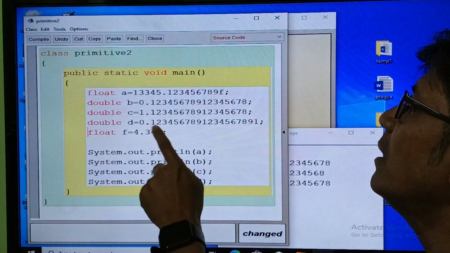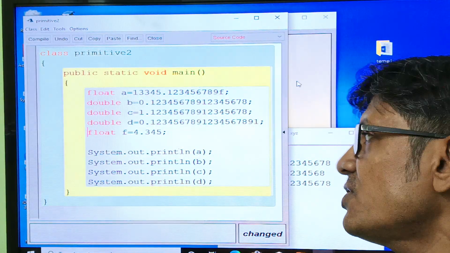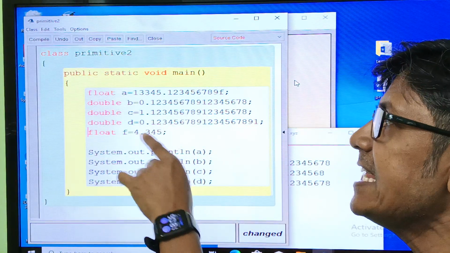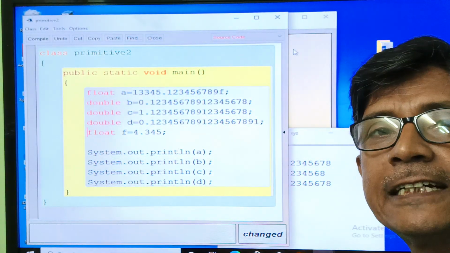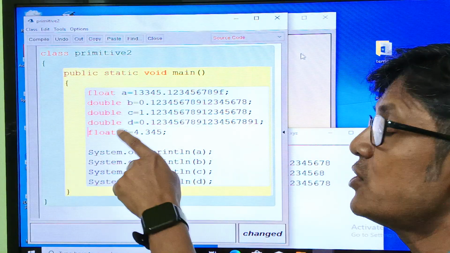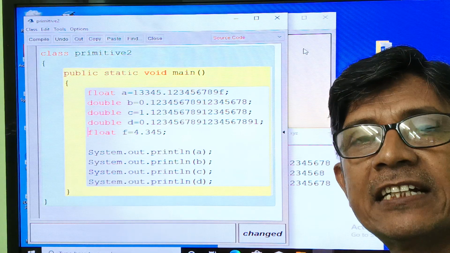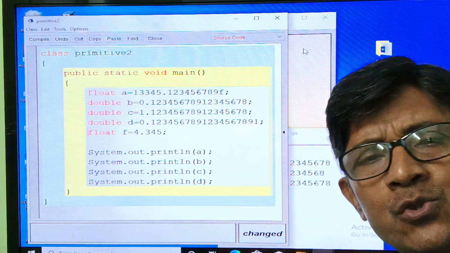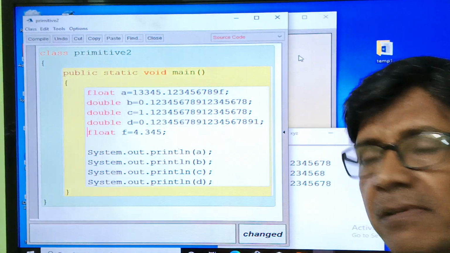If you do not mention F, there will be a possible loss of precision. Means if you don't write anything, the computer by default understands this fraction as a double type value, but you are trying to put the value into float type. Float is smaller than the double type, so that is the reason you will get a possible loss of precision.